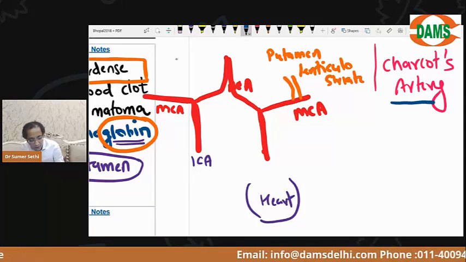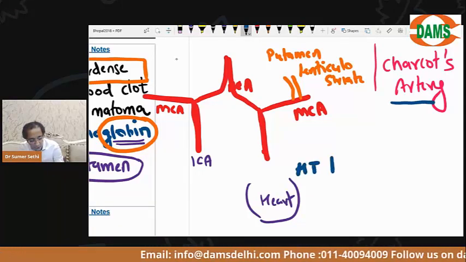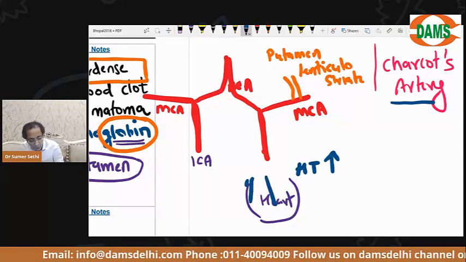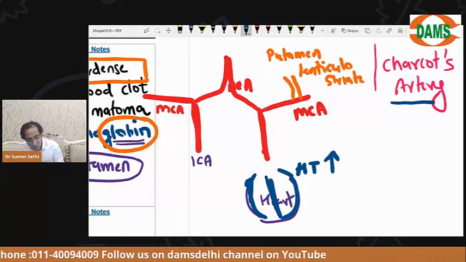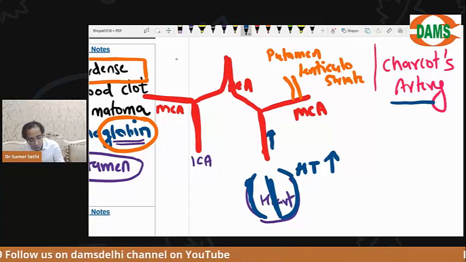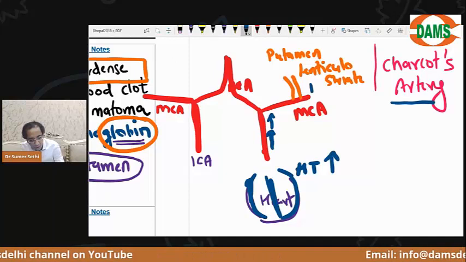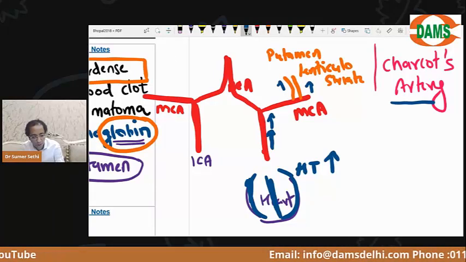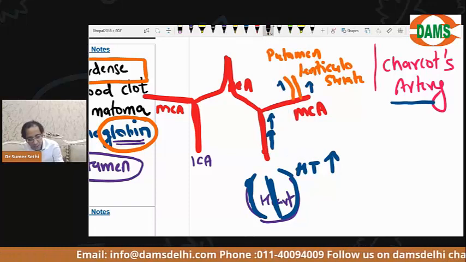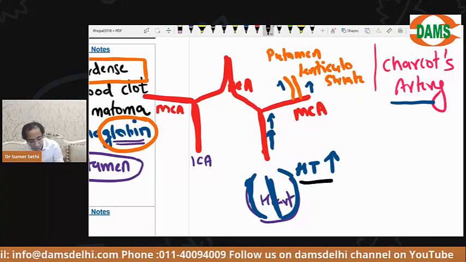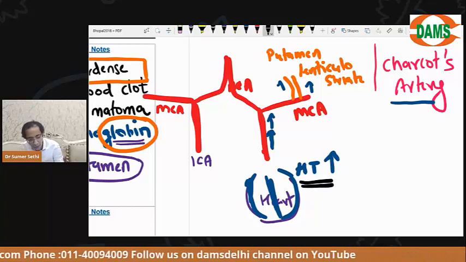Now what happens is, if you have high blood pressure, अगर आपको hypertension है, you'll read the same thing written in Robbins also, even in Goljan also. If you have high blood pressure, this pressure will go into the internal carotid artery, into the MCA, into the lenticulostriate branches. Now these branches normally do not receive such high pressure, but in hypertensive patients, they are exposed to high blood pressure.